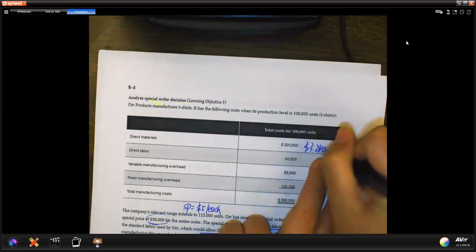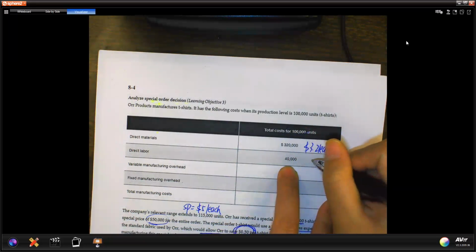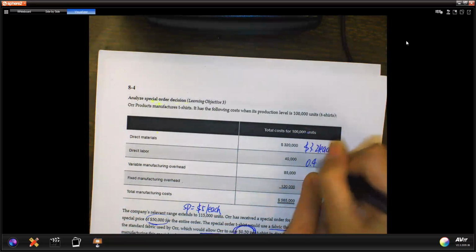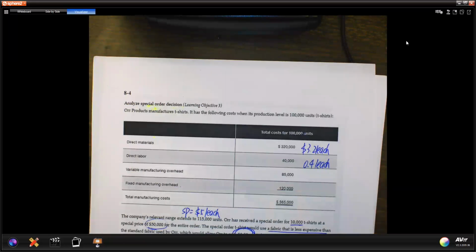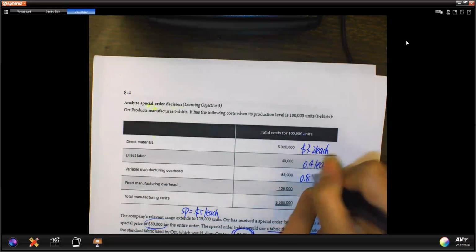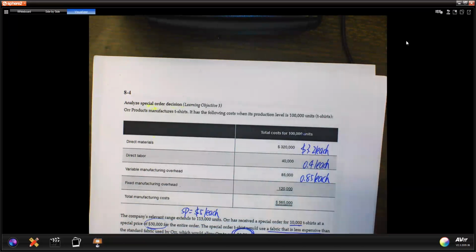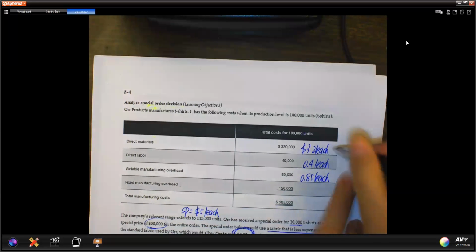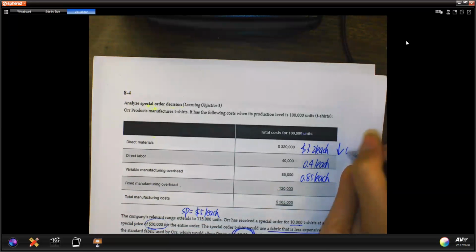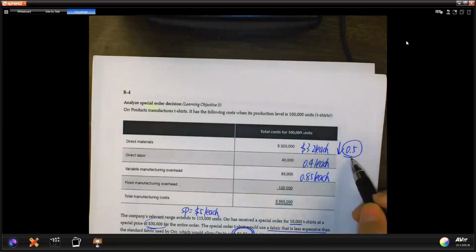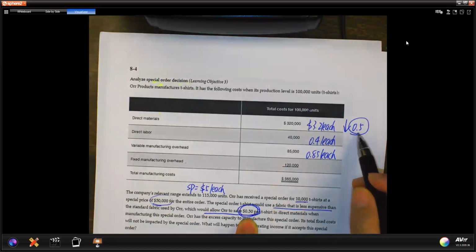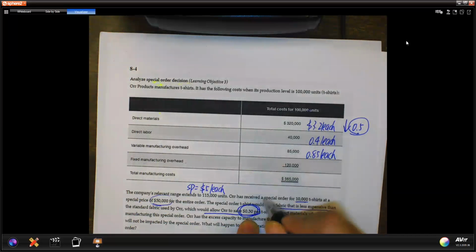This will be 0.4 each. Am I right? I think I'm right. And then this will be 0.85 each. So that's all. And then you can save 50 cents. Make sure you know where I got all the numbers. I can save 50 cents there.